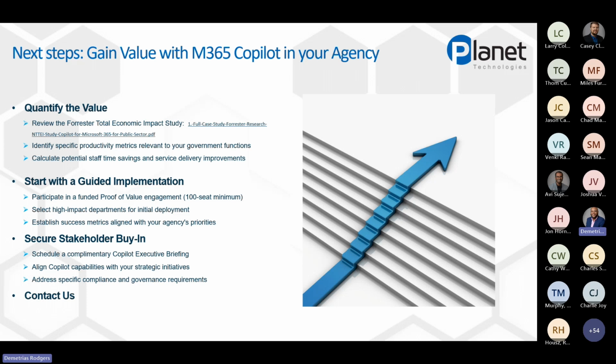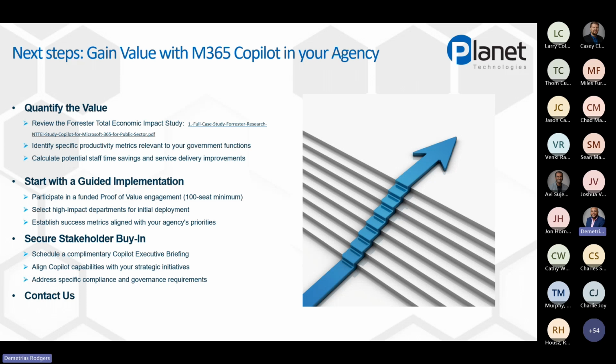Here we have the proof of value engagement, which could potentially be funded by Microsoft. I say potentially based on where you are, but it does have a 100-seat minimum. With that, you can select some high value or high impact departments for initial deployment, and then establish your success metrics based on your agency's priorities.